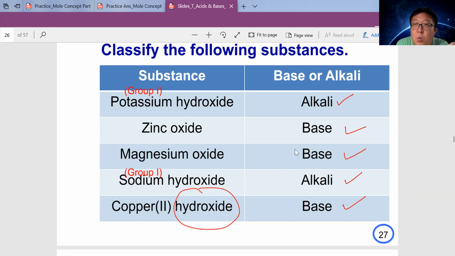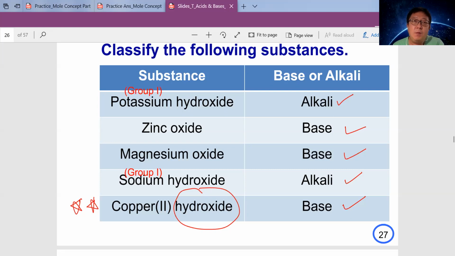So don't go away with the wrong thinking that hydroxides are alkaline. This question here is a very good example of why hydroxides are not alkaline. They are bases. Most of them are bases except for the SPA ones, sodium hydroxide and potassium hydroxide.